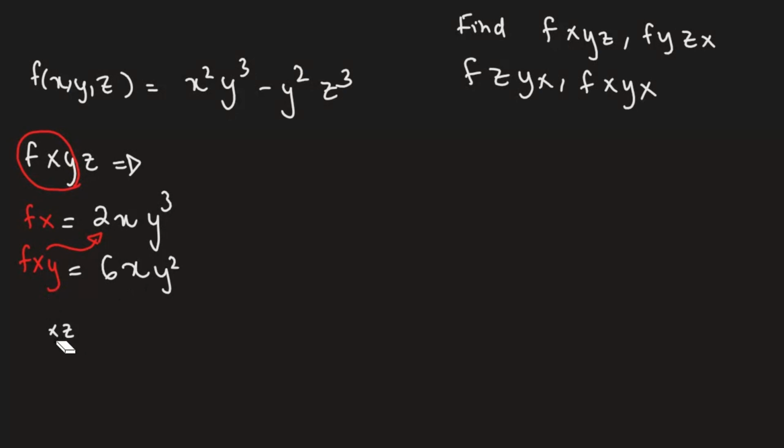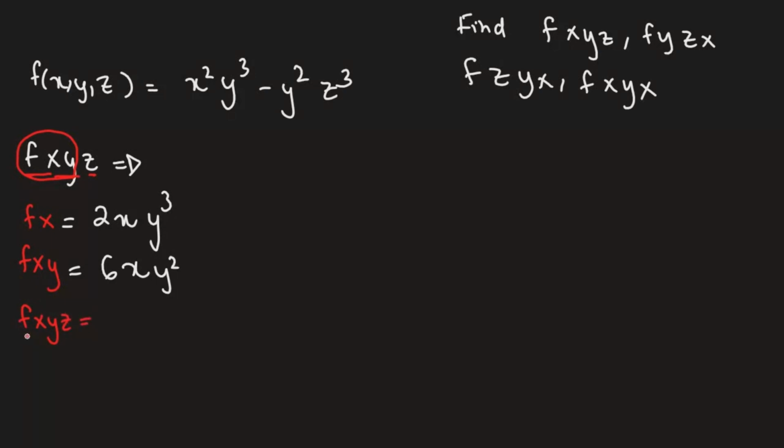Now the next step is to differentiate this function with respect to z, right? We already have this whole function. Now we are differentiating it with respect to z, so f of x, y, z finally.